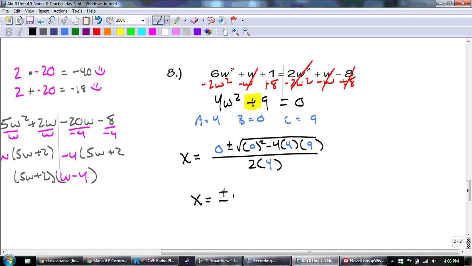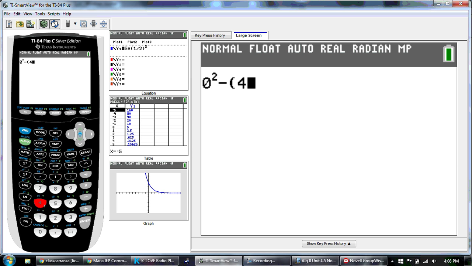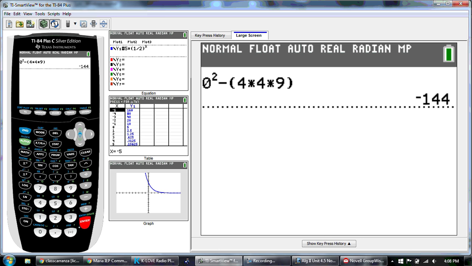So x equals plus or minus the square root. 2 times 4 is 8, and so now all we have to do is that bottom part, which was 0 squared minus 4 times a times c. And we get negative 144.